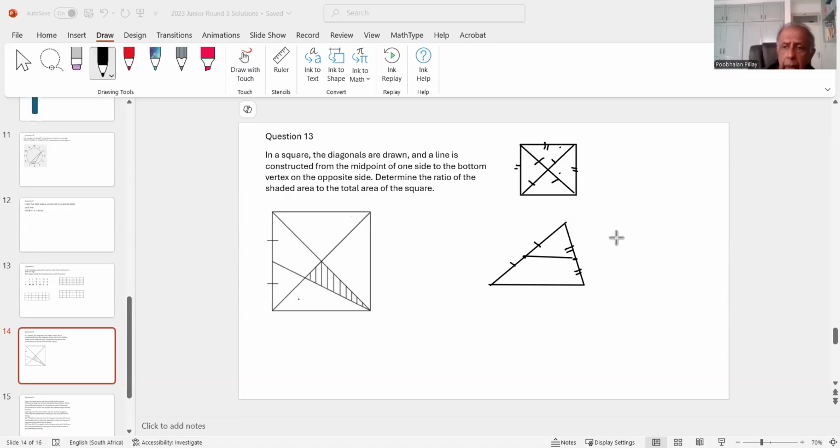Okay, now the third one, another theorem in geometry you're going to use, is the following.